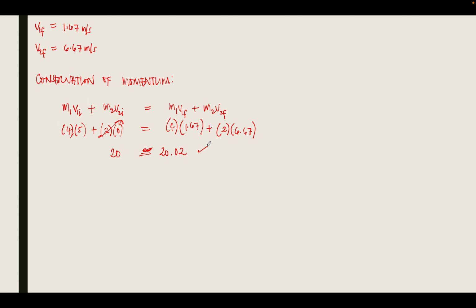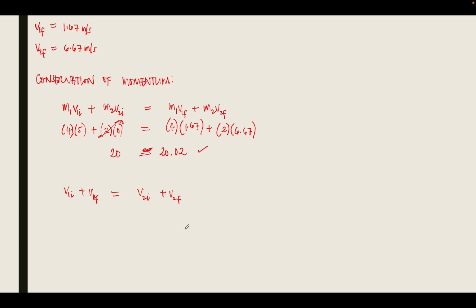Now how about for the kinetic energy? Let's try to use the special equation. The special equation, again, we have V1 initial plus V1 final is equal to V2 initial plus V2 final.